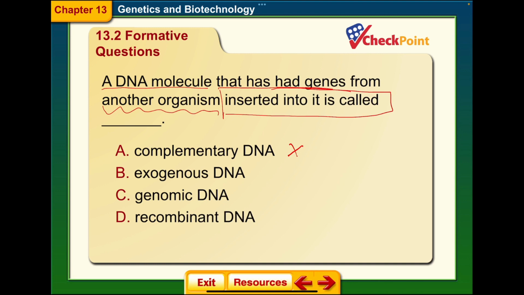It's our outside DNA, our outsider, hence exo. So that's out. Genomic DNA is obviously not it. Recombinant DNA, because as I said, we are combining genes from other organisms. Combining genes from another organism is recombinant DNA. Let's move on to the next question.